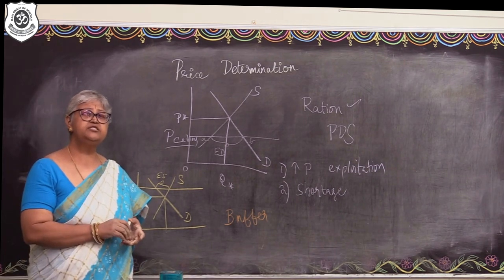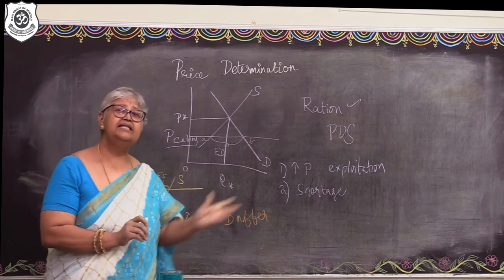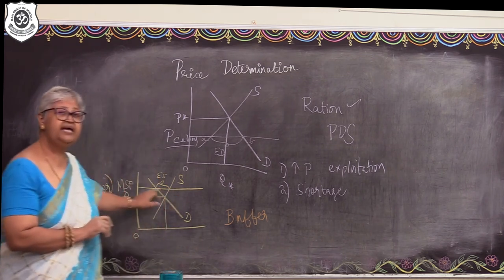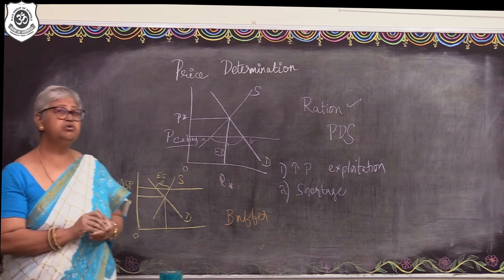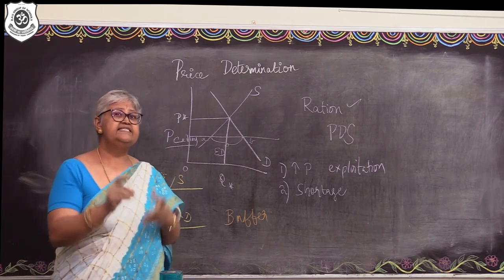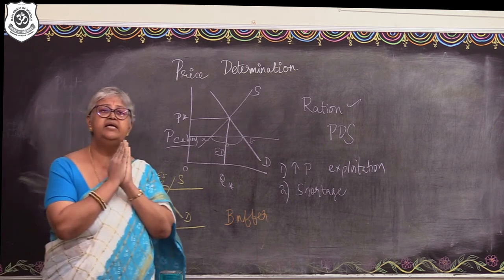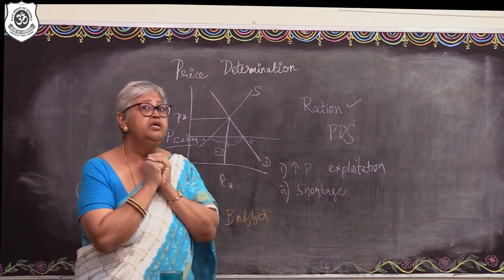The farmers are going to stay protected. But we've also discussed the other possibility. When there is this problem of excess supply at this particular price, there could be exploitation also. As I said, how many will be lucky enough to sell the produce to the government at this procurement price? Not very many.